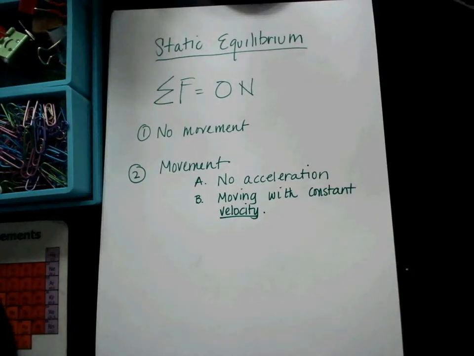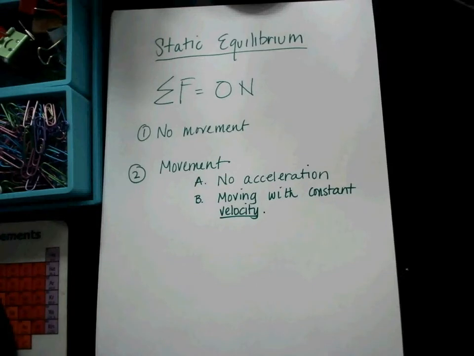When I say constant velocity, and I don't want you to tell me, I want you to think about this, what does that mean? There's two things you should be able to tell me about that. What is velocity? What's a good short definition of velocity?